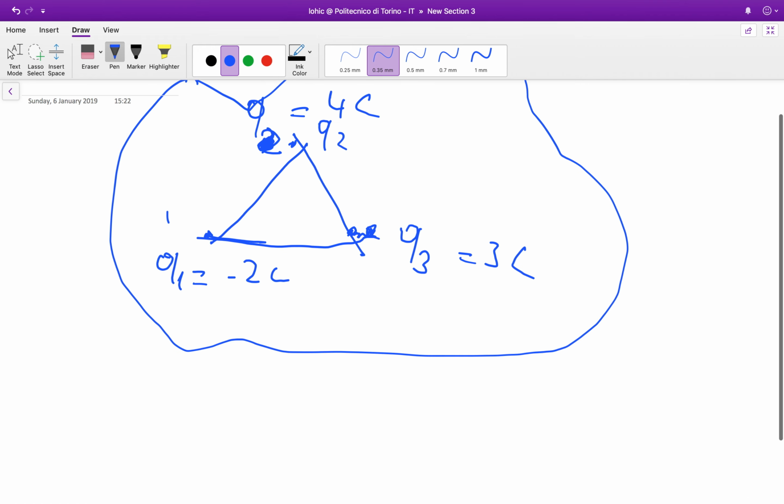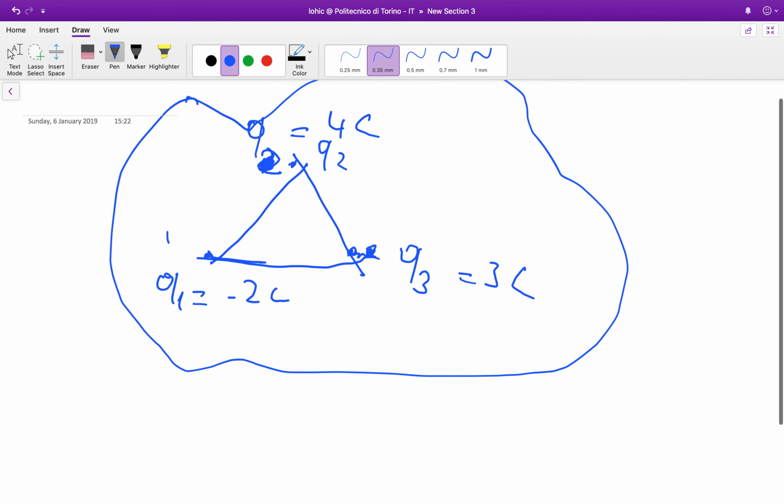Remember that every charge is interacting with the others, yes or no?